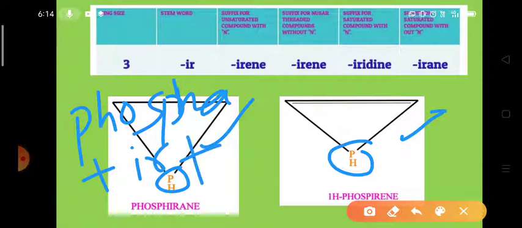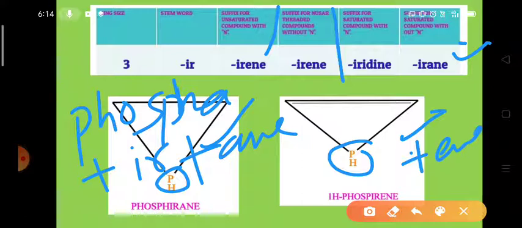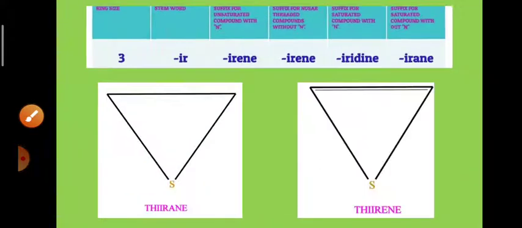For the saturated compounds without a nitrogen atom, we would use ane. And for the unsaturated one, we would use ene. So this is phosphirane, and for this one, phosphirene. These are the two names for these two compounds.